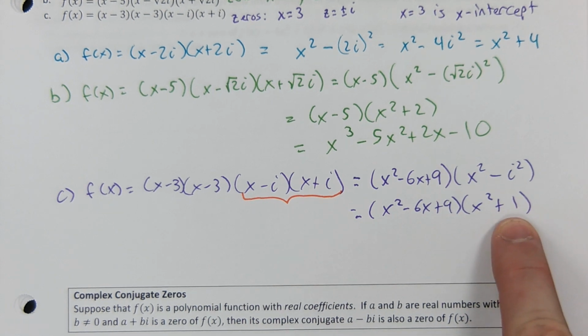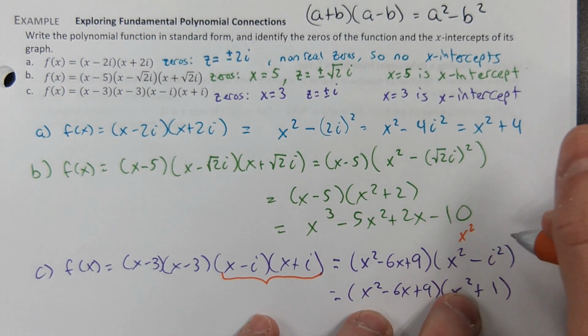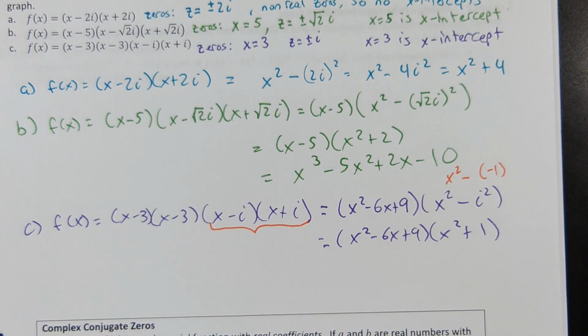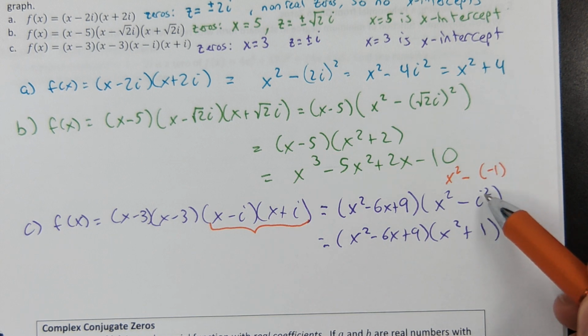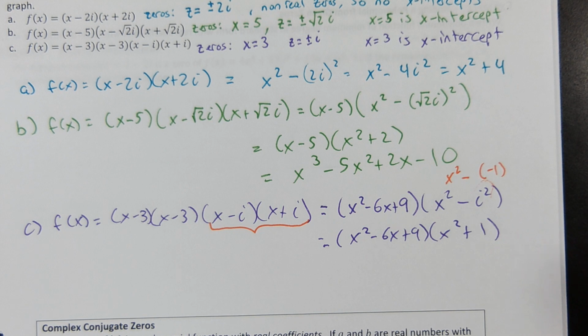Right. That's why it says plus 1. You see it? Here's what it actually says: it's x squared minus negative 1. This is i squared. So it's minus this thing's value, and this thing's value is negative 1. So it's minus negative 1. That's how we get the plus 1.